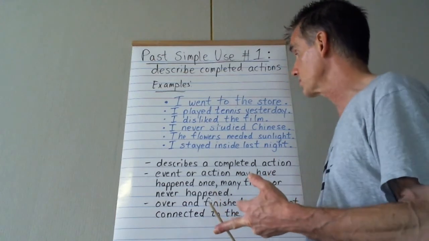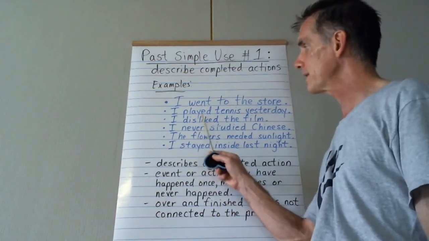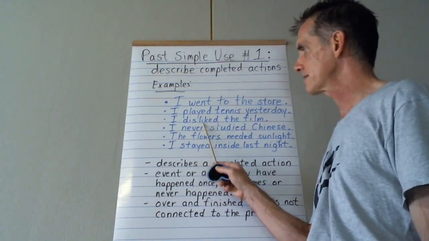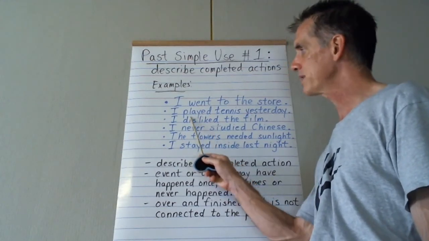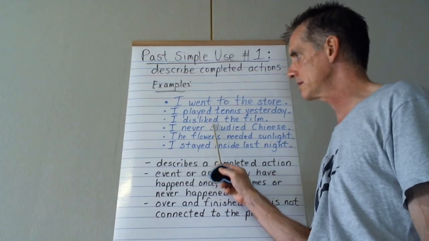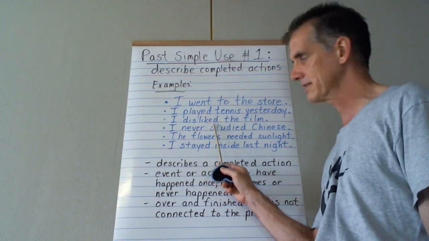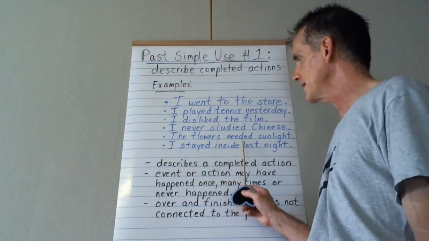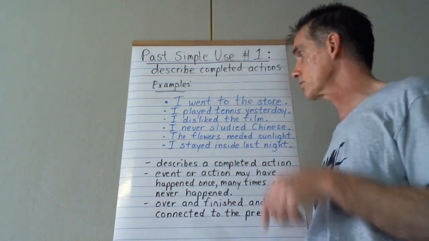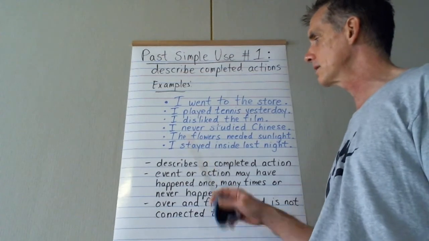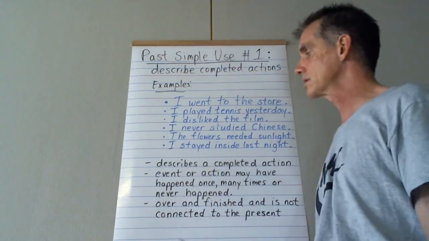So there are basically three sounds. Okay, played, disliked. Played, so that's a d. This is a t, disliked. And then needed. Needed is an example of the id sound. Okay, so those are the three different sounds. And then stayed is a d sound. Back to the d sound.